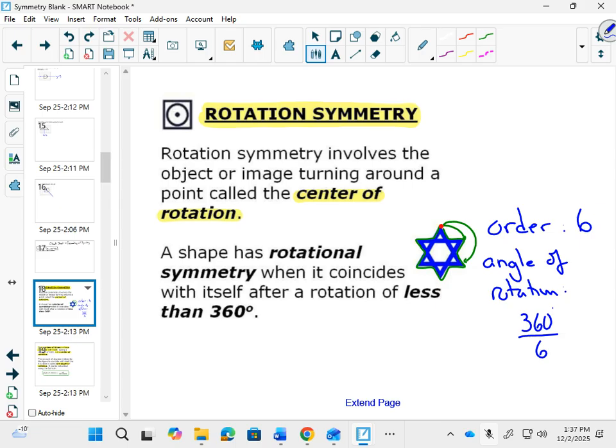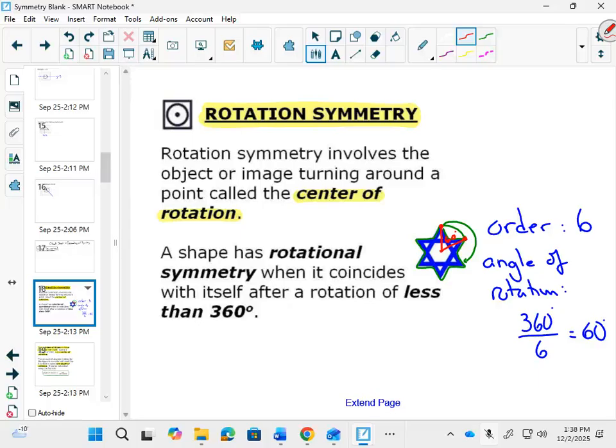Can you do that mental math, or do you need a calculator? 60. It's 60 degrees. And so that means that if I took this second point here, I'll do it in red as well, and went to the center, and I joined that first rotation, this angle right there is 60 degrees.